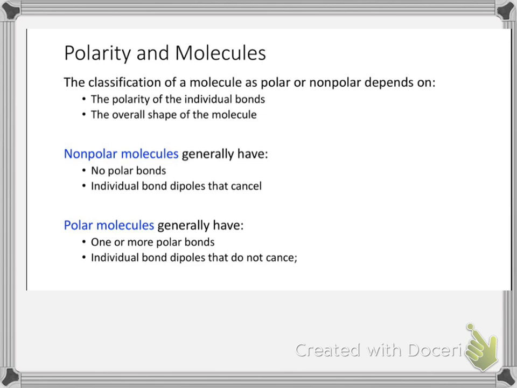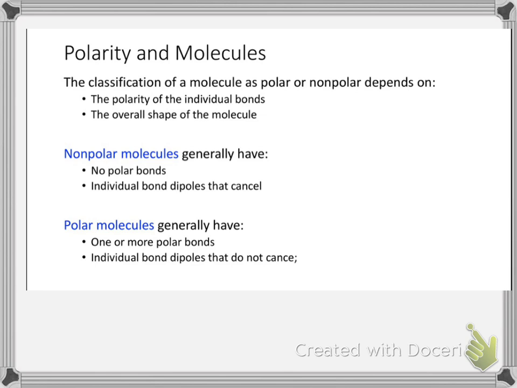So if two atoms had very similar electronegativity values, they shared equally, and that was called a nonpolar bond. If two atoms had electronegativity values a little bit farther apart, then we would say they shared unequally, and that was a polar bond. And polar bonds, because they share unequally, created dipoles.